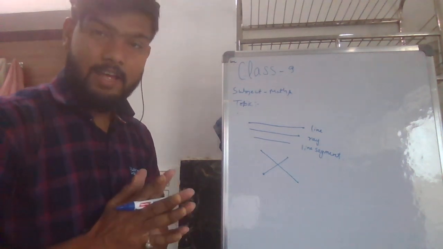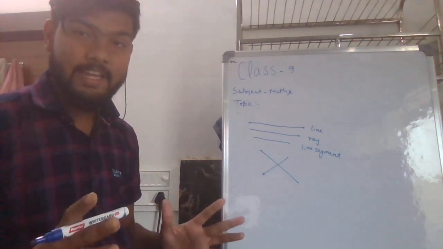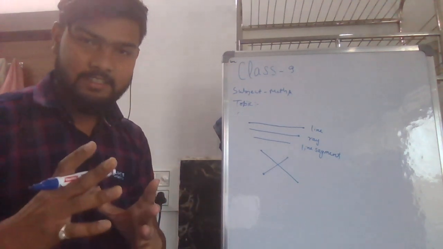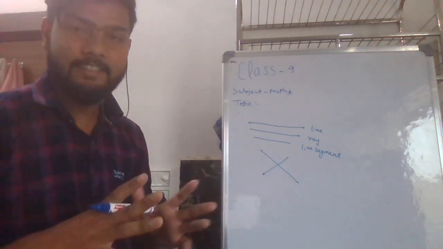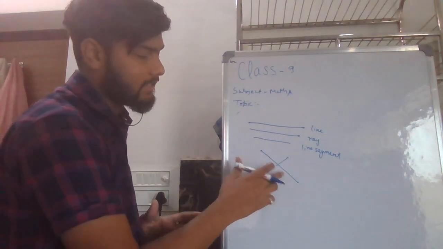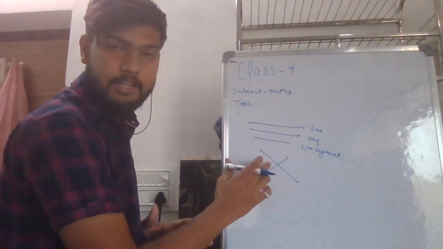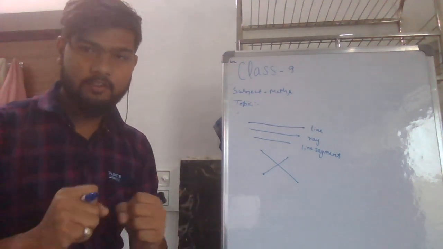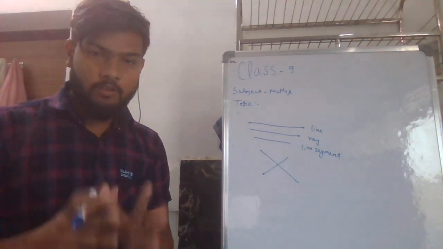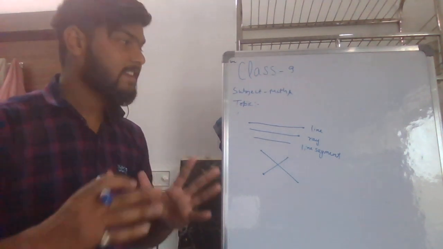Yes, very good, we get angles. As we can see, this is an angle, and this is also an angle, and this, and this. Now we are going to recall the basics of lines and angles.